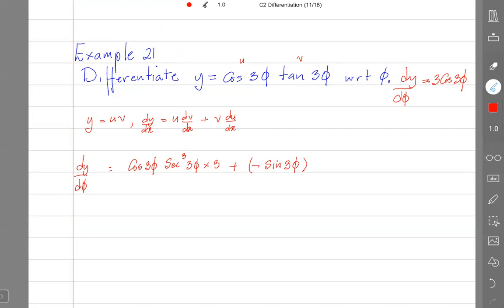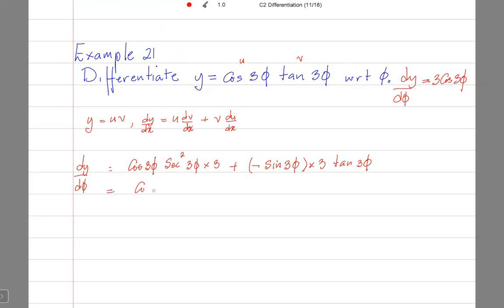Sorry, that should be sec squared. So that's an error. Okay. So differentiate cos, you get minus sine 3 phi, and you multiply by the differential of the inside function, which is 3. And of course, you leave the second, which is tan 3 phi.